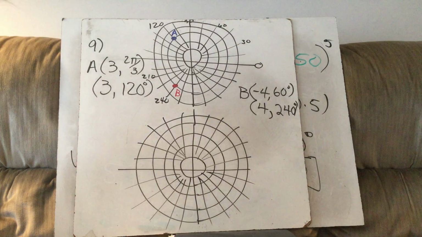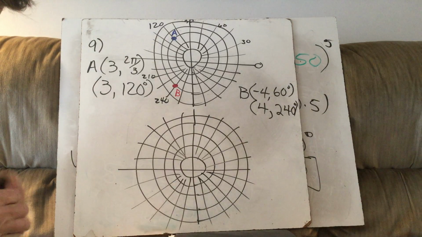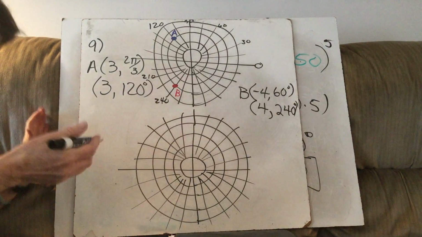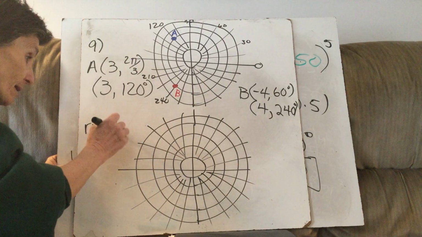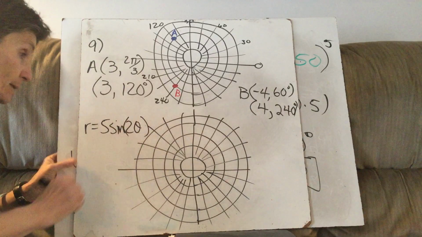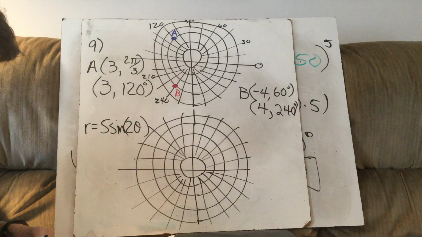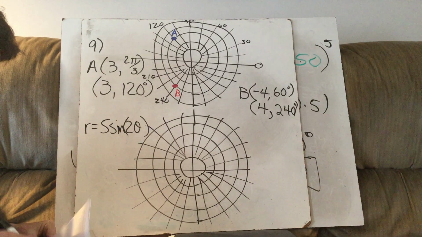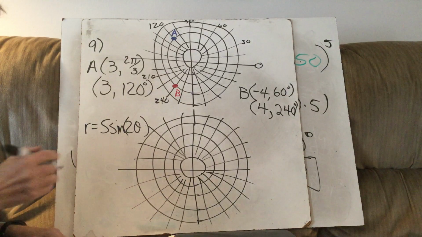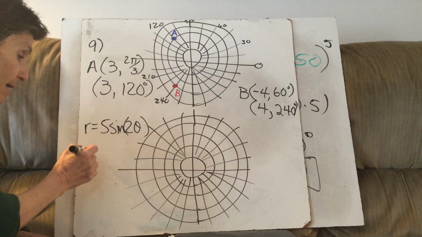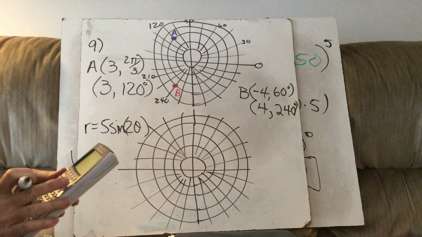Now I'm going to sketch my rose. This is going to be a rose. You didn't need to know that before you started, but you'll see it in a minute. So we're going to sketch 5 sine 2 theta. Now, I would like you to have your window set and not mess with it, please. First of all, we're in polar mode, so make sure you're in polar mode. Go to mode. Make sure you're in polar.